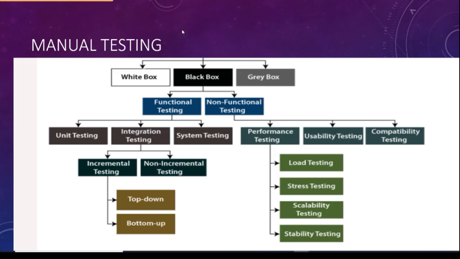The first thing we need to learn is the concept of manual testing, and then we will see what other things we need to learn. Under manual testing we need to know about white box testing, black box testing, and gray box testing.